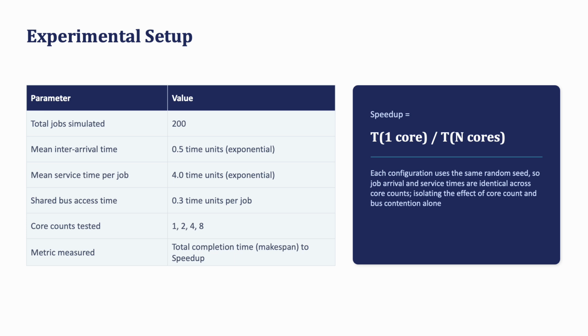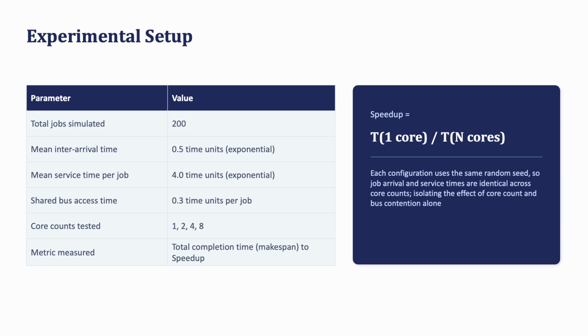So let's talk about the experiment itself. I simulated 200 jobs with random arrival and service times. They were run across various core counts: the first being 1 core, second was 2, then a 4 core, and lastly an 8 core.